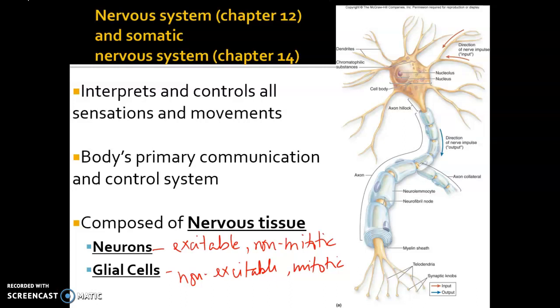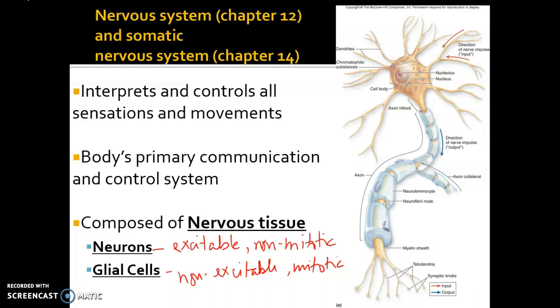And after integrating the incoming information, the cell body leads to the axon. As you can see here, the axon is the long extension of the cell body. And the axon carries action potential, meaning the axon carries electrical current. Action potential is nothing but electrical current. So that is transmitted via the axon.